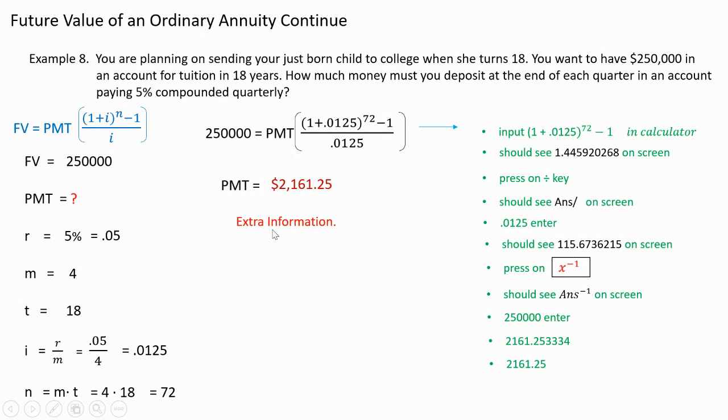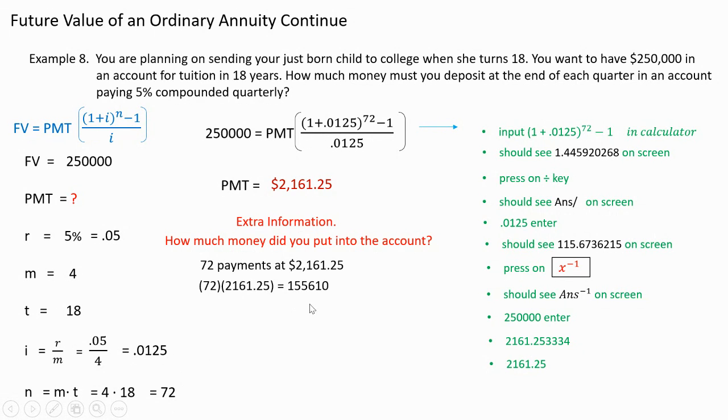So this is extra information. How much money did you earn in interest? First, how much money did you put into the account? There were 72 payments. You multiply it by the actual payments, so it was $155,610.